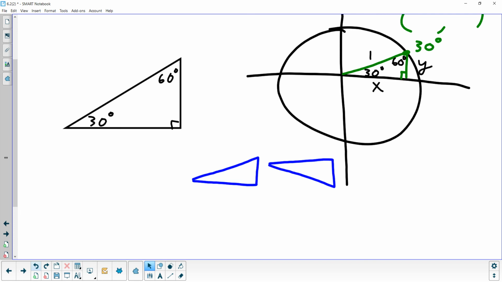Can you put it on the bottom and make an isosceles triangle? So we could put it on the bottom. I really did not draw that straight, but that's okay. I'm going to fix it so it doesn't look as bad.